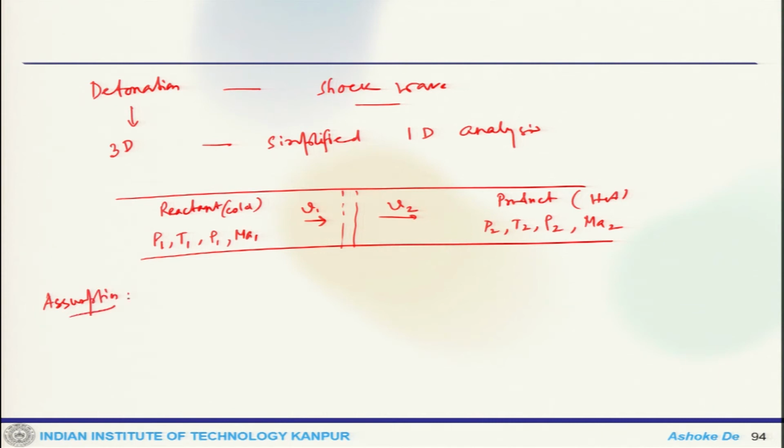Some assumptions associated with this one dimensional analysis are: 1D steady, that is number 1. Area A of the tube constant, that is number 2. Number 3, ideal gas with constant and equal specific heat.